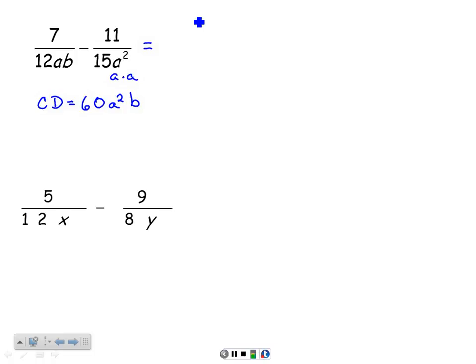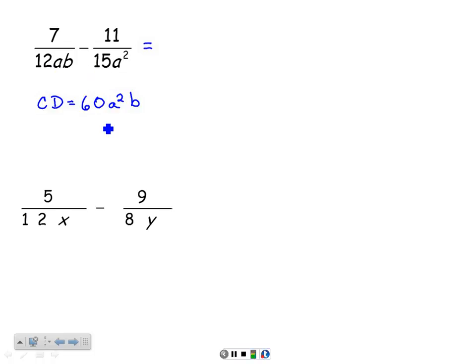So you already have an a in common, this one and this one. But then you need another a for the fraction on the left. So your common denominator for your a is going to be your a squared. And then here we have a b, but this one needs a b, so that b is going to be part of your common denominator as well. So your common denominator is going to be 60 a squared b.